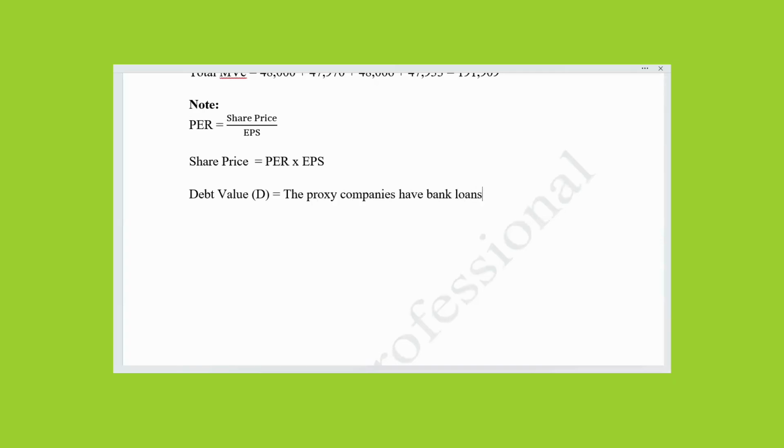If the proxy companies have bank loans, there's no even need for this. Let me just shorten this. No need for this. That's a waste of time. Just bank loan. Okay. Bank loan of Mississippi plus that of Limpopo plus bank loan of Zambezi, then plus bank loan of N.